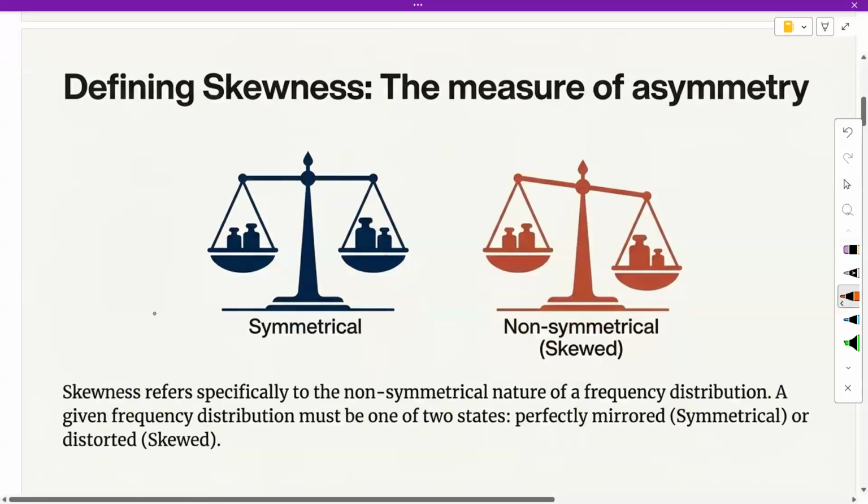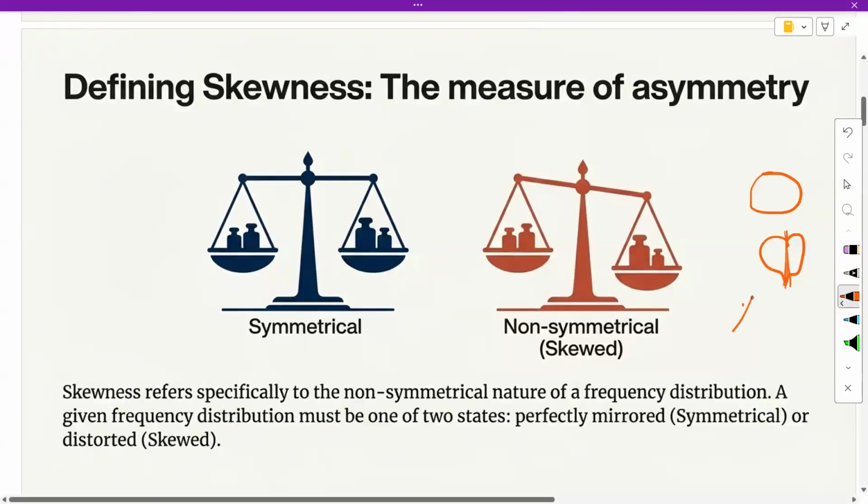Now, define the skewness. Skewness is the measure of asymmetry. What is asymmetry? Symmetric, asymmetric. Symmetric means both sides are equal, so when we divide a data set into two, for example, take a leaf, this is almost symmetric.